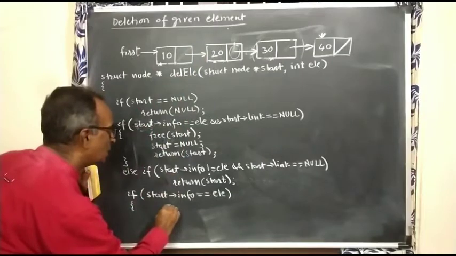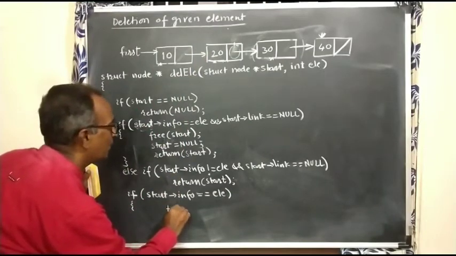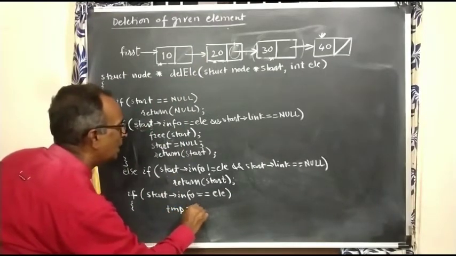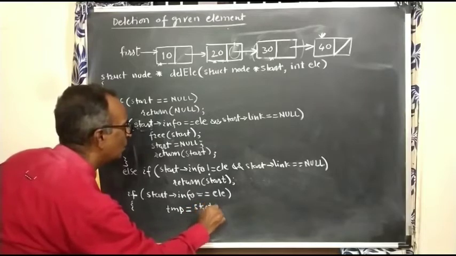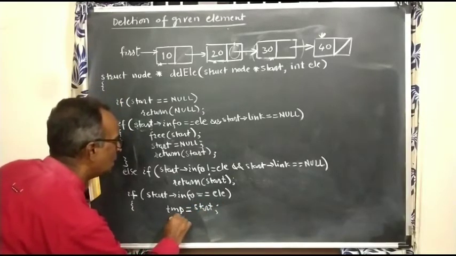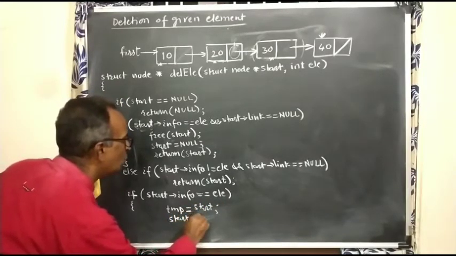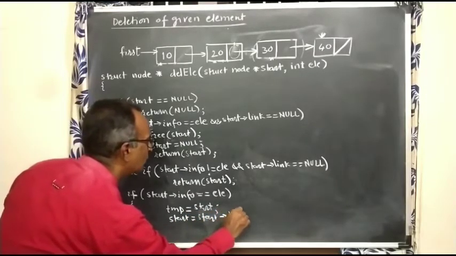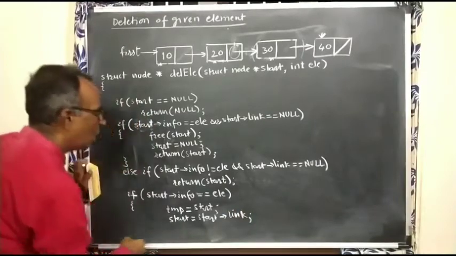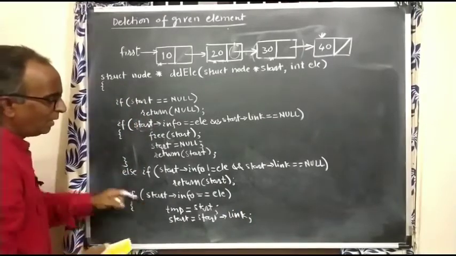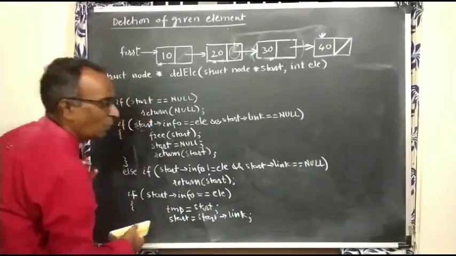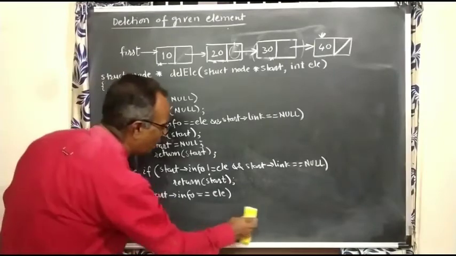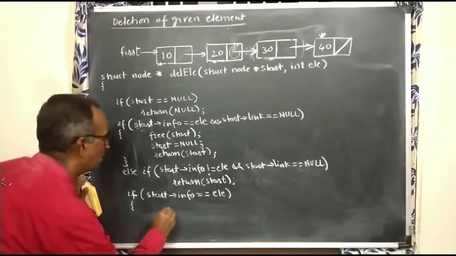So first temporary is taken, it is given the start value, then start is moved, start is given start link. Or else, here directly what you can do is call delete beginning.